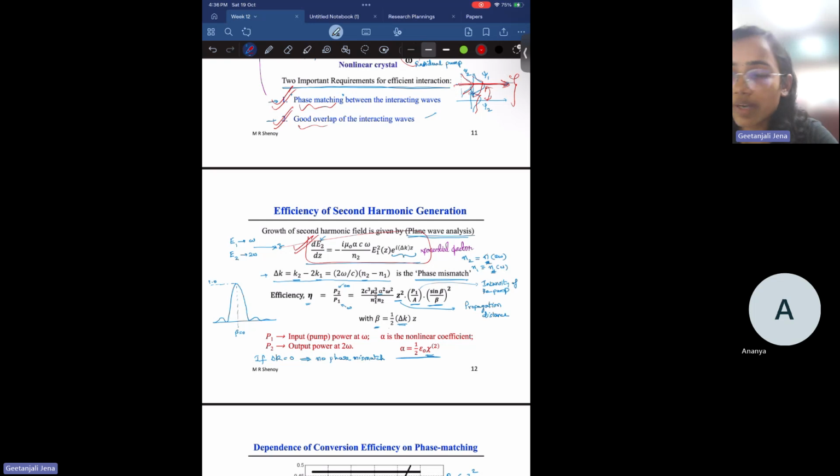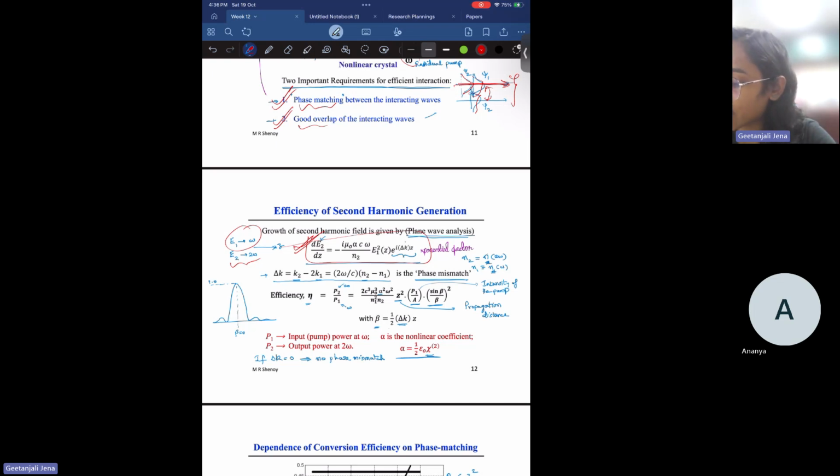So dE2 by dz. E2 means the electric field associated with the 2 omega frequency, and E1 is the electric field associated with the omega frequency. This is the relation showing how the amplitude of the second harmonic electric field varies with the propagation distance z.